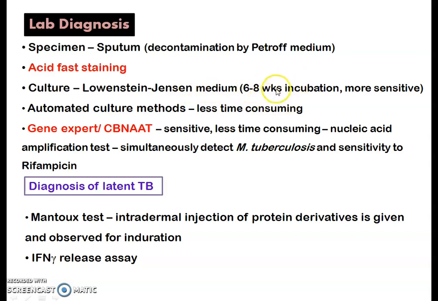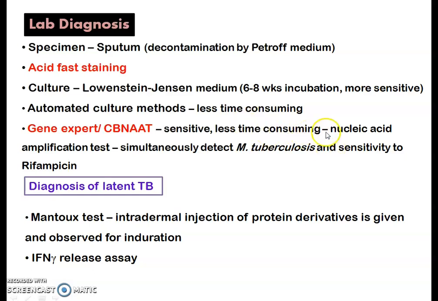It may take 6 to 8 weeks of incubation, but this is the more sensitive test. To lessen this incubation time, automated culture methods are also used. Another important test is GeneXpert or CBNAAT, which is sensitive and less time consuming.